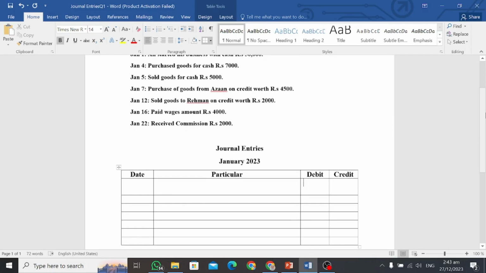We can write it in the format as, firstly we will write the date, that is January 1. Then we will write the account to be debited, that is cash account. Then in the next line with some space we will write the account to be credited with "to".